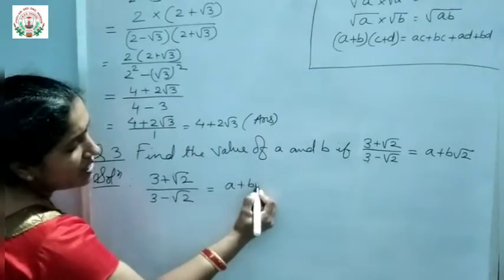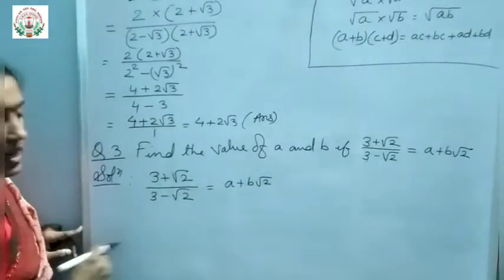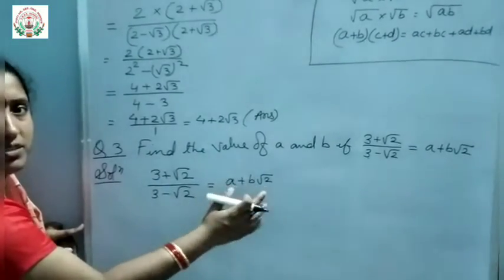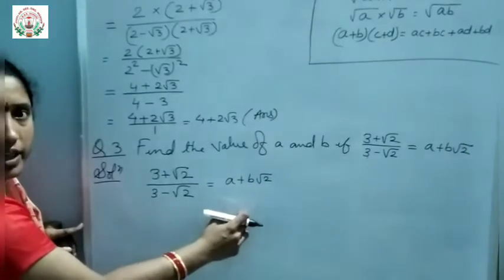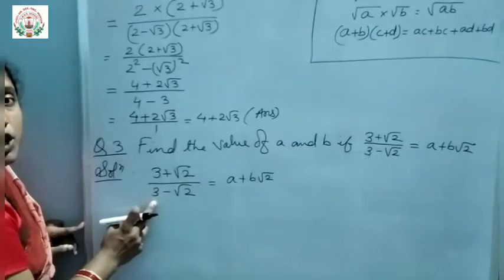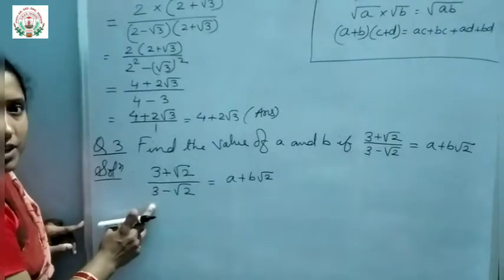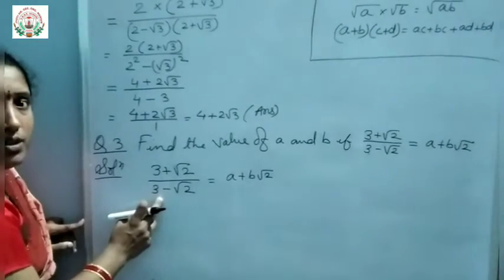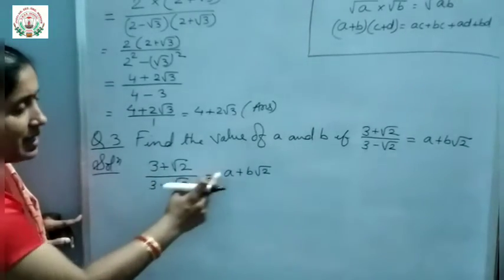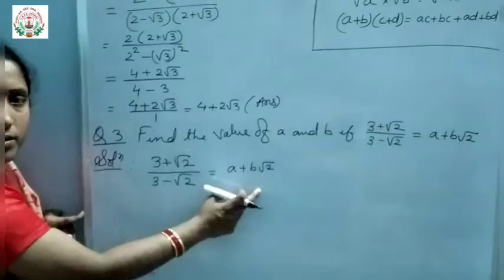A plus B root 2. So this part we will rationalize, because here you can see in the denominator nothing is there, means 1. So that is a rational number. But here you can see the denominator has an irrational number. So this irrational number, by rationalizing, we will change into rational. Okay, and then we will get the value of A and B.